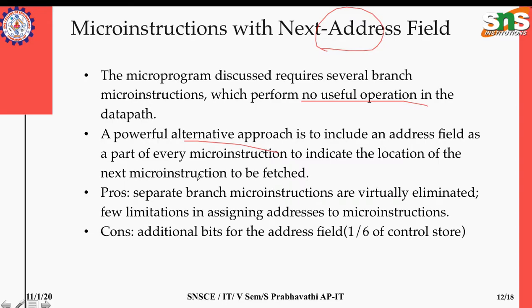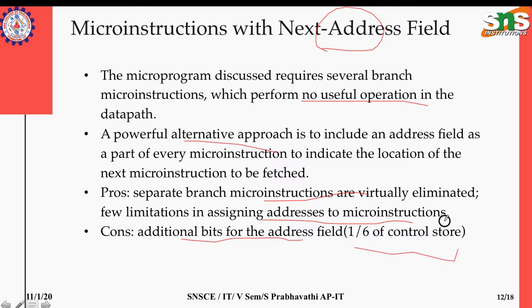The advantage is that branching is virtually eliminated, with the limitation of assigning an address field for each and every micro instruction. The disadvantage is that since each micro instruction now carries the address field, additional bits are required for each micro instruction to specify the next address field.